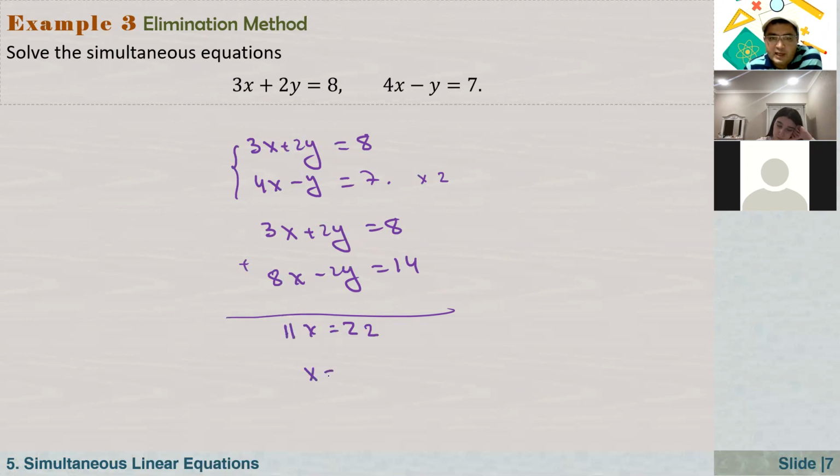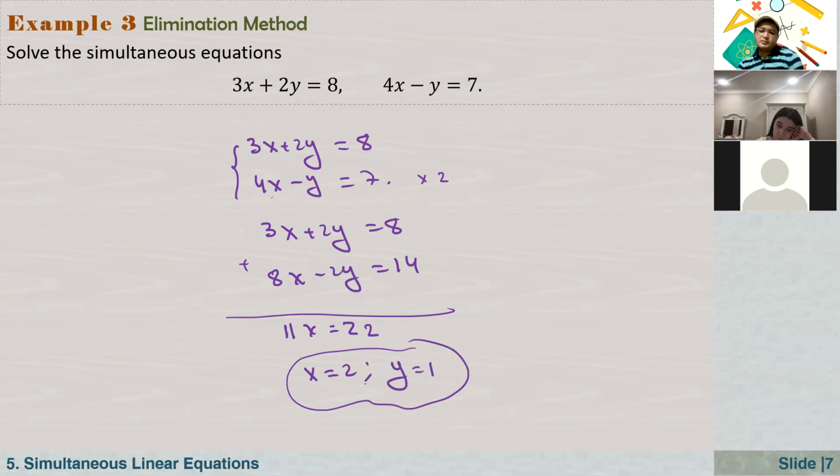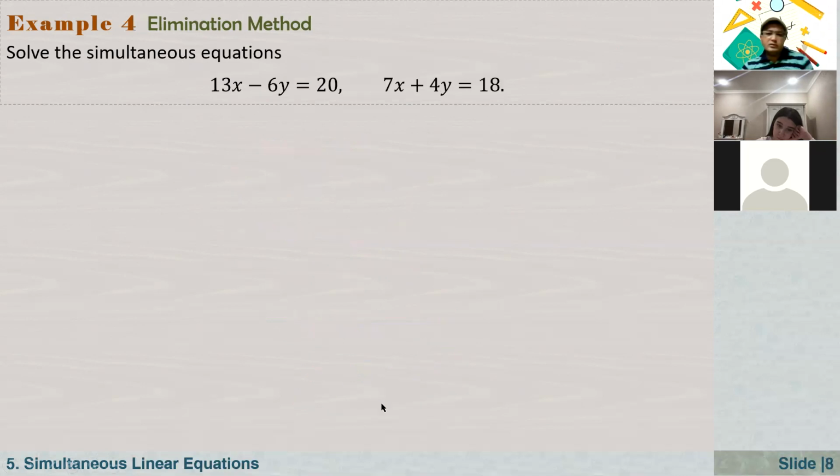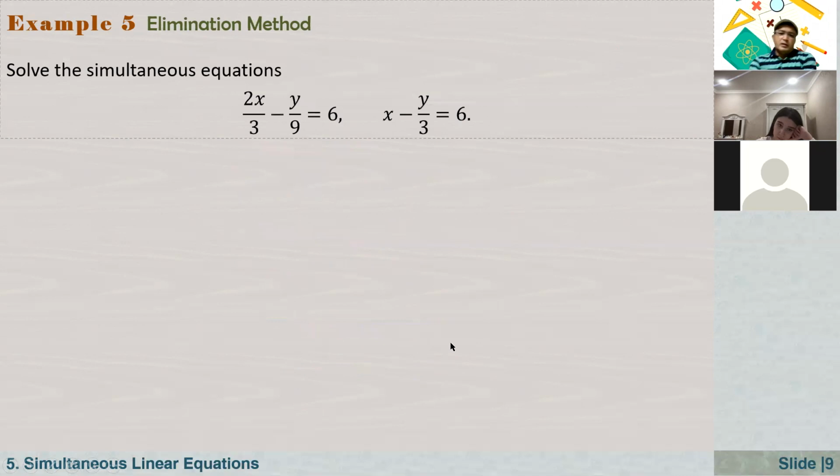So what is x? X equals 2. If x equals 2, substitute in the first equation, y will be equal to 1. Solving equations by this method, we call the elimination method. All right.